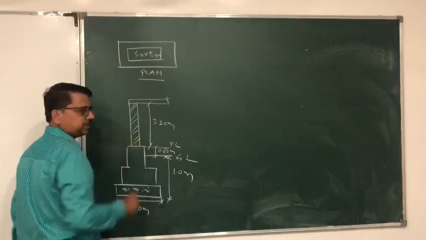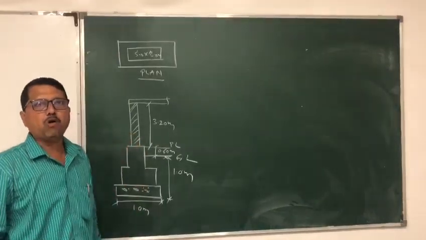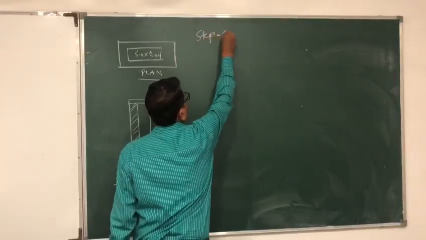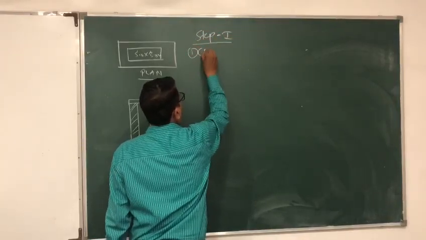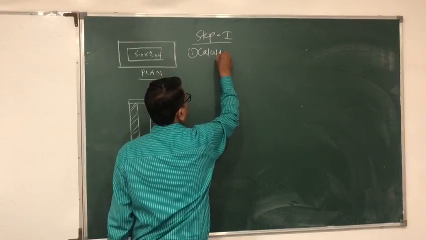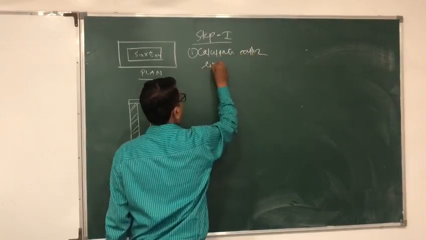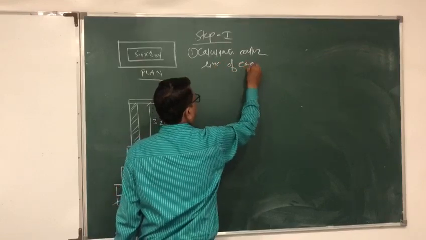So we have to solve this numerical by the long wall and short wall method. For the long wall short wall method, the first step is to calculate the center line of each wall.